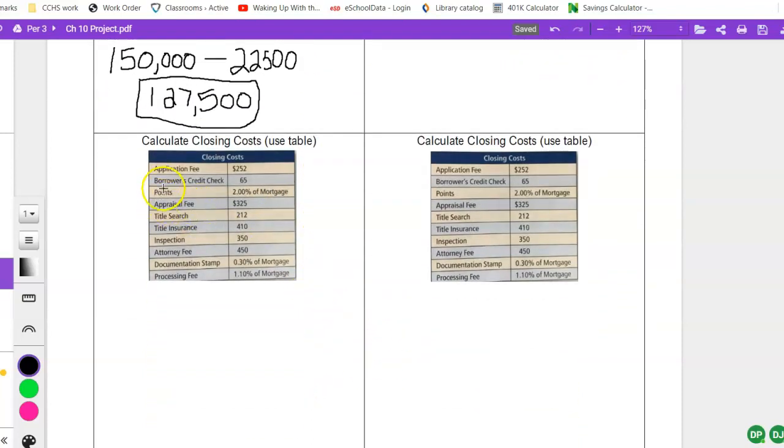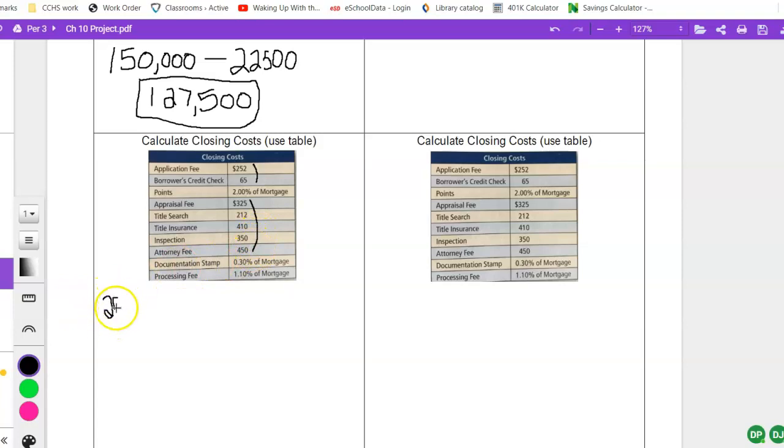So now I'm looking at my closing costs here. We're using the same chart we used in class. We know when we started in class, we found what our fixed costs were first. So I would take all of my fixed costs, which I have two here. I've got the 252, the 65, and then all the rest of these. I'm going to have to add them up.